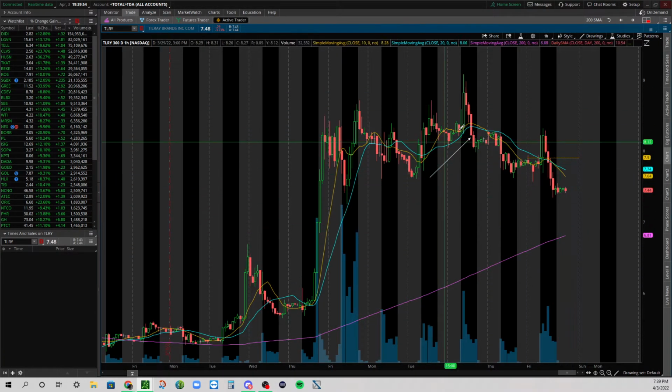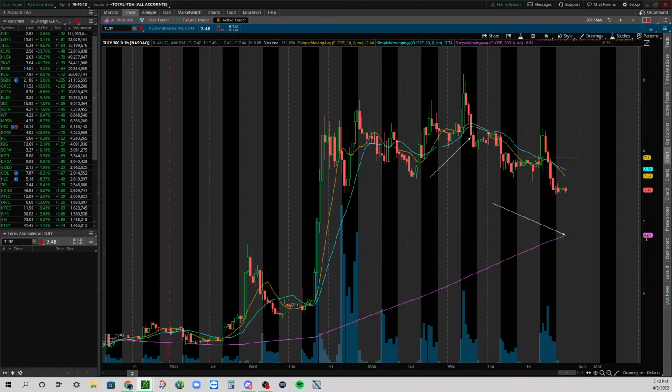So in this case, my target on Tilray would be this guy right here, the 200 moving average, until it proves itself again here that it doesn't bounce, meaning it doesn't cross over the 10 and 20 to the upside, then I'm going to continue to short or get back into the short.